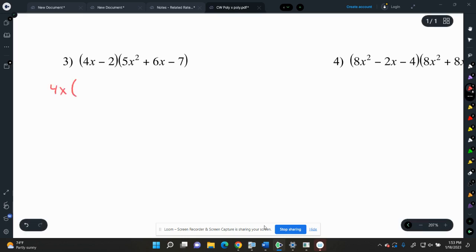Good. 4x times 5x squared plus 6x minus 7. Okay. Damien, what do we do now? Distribute the negative 2 into the. Good.